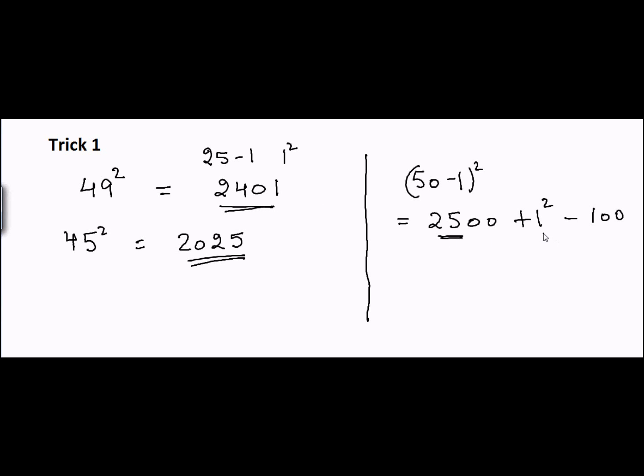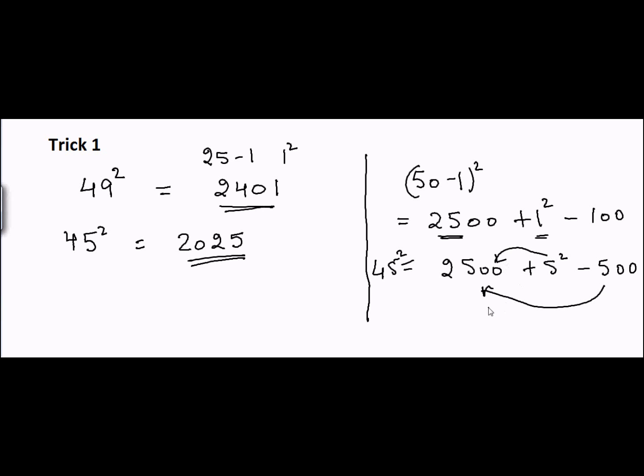Similarly, if I'm doing a square of 45, then I have 2500 plus 5 square minus 500. So you can see that I'm in a way subtracting 5 from 25 and then adding 5 square in the end.